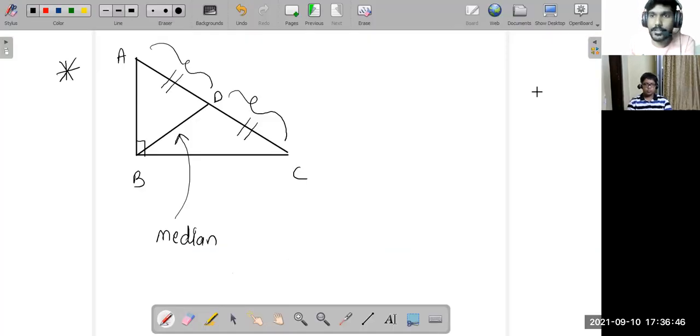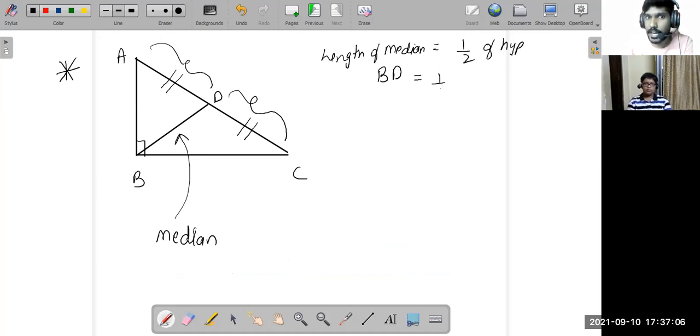And the length of your median, that is BD, will be half of your hypotenuse. That means length of BD will be half of AC. Is this clear?